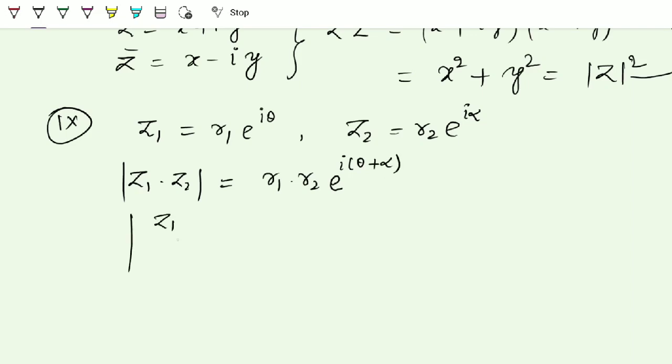And in case of division of these complex numbers z1 and z2, we will have r1 by r2 multiplied by e to the power iota (theta minus alpha).